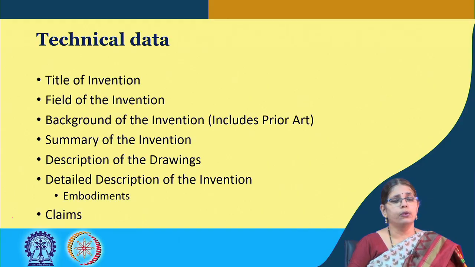So, drawings are also important to understand different features of the invention, and drawings are referenced with respect to the description, which means the total number of drawings and the way they are numbered must be tallied with the description of the invention. Now, the detailed description of the invention is very important to understand the various embodiments. Simply speaking, the working of the invention is shown in the embodiments.